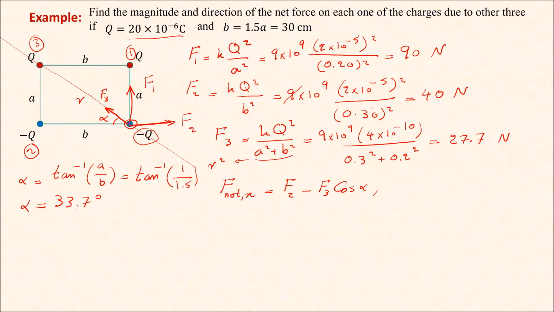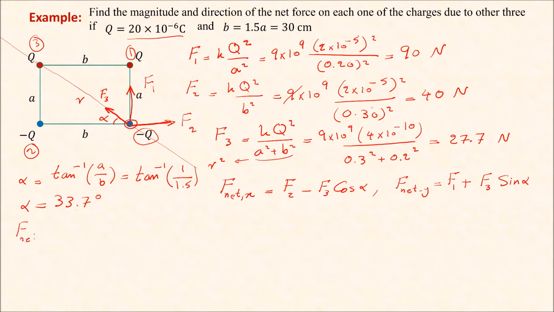Thank you. And F net Y is all the Y components, which is F1, it is all in the Y direction, plus F3 times sine of alpha. Is this clear? You're adding the components. So now you have these values you can put in.